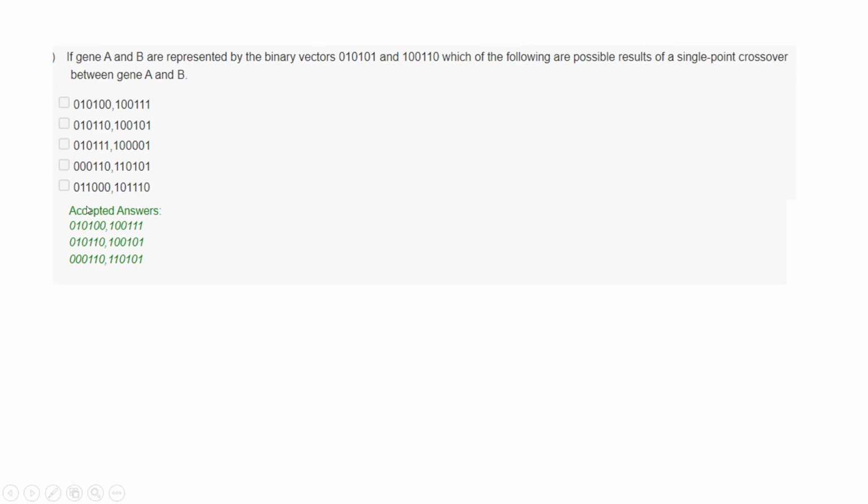Basically, it is swapped from the second position. See, from the second position, it's 10101 in the second option, and from the second position this is 00110. So yeah, these three are correct. A, B, and D. Okay. Moving on to the next one.